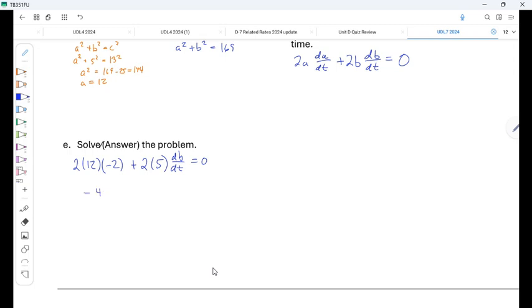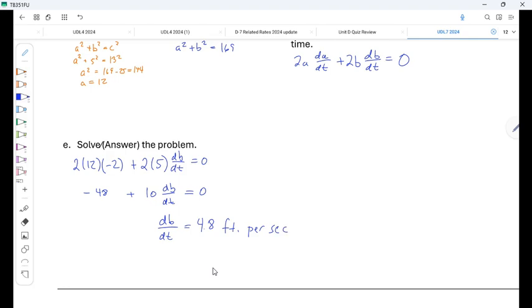And we've got negative 48 plus 10 dB/dt equals 0. Bring that 48 over to the other side. You end up with 48 divided by 10. So let's just write that as 4.8. Same label, feet per second.